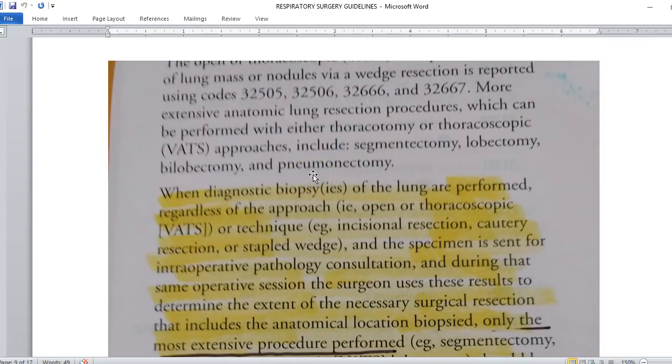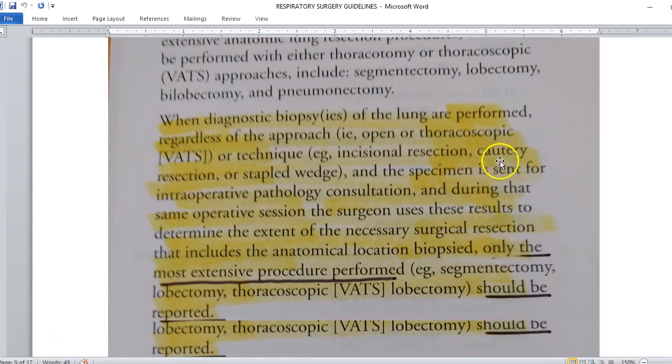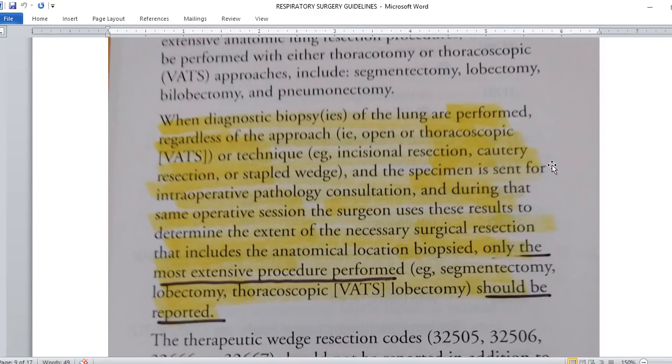So again, what are we doing? When diagnostic biopsies of the lungs are performed regardless of approach, open, thoracoscopic, or VATS, or the technique they're using, incisional resection, cautery resection, or stapled wedge, and the specimen is sent for intraoperative pathology consultation, during the same operative session the surgeon uses the results to determine the extent of the necessary surgical resection that includes the anatomical location biopsied. Only the most extensive procedure performed should be reported.